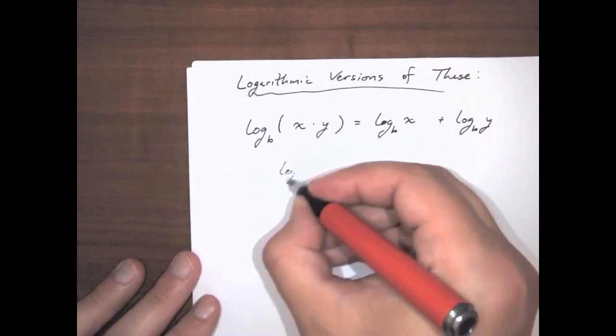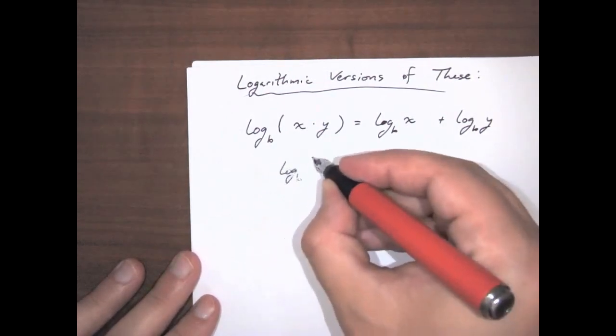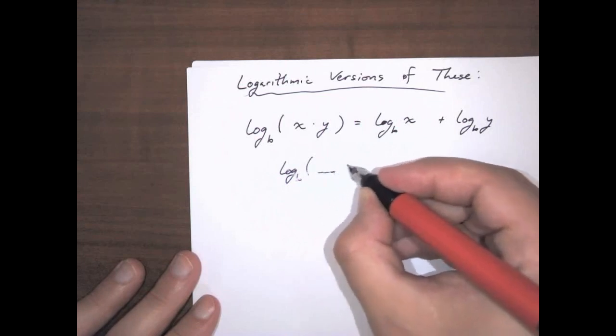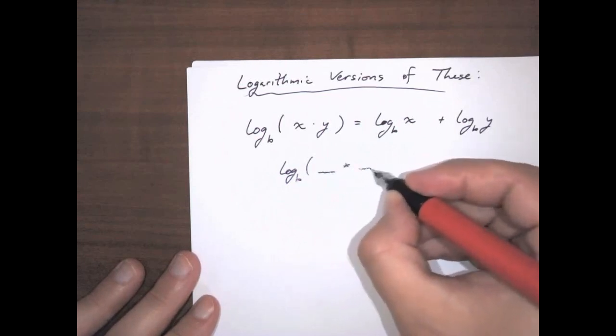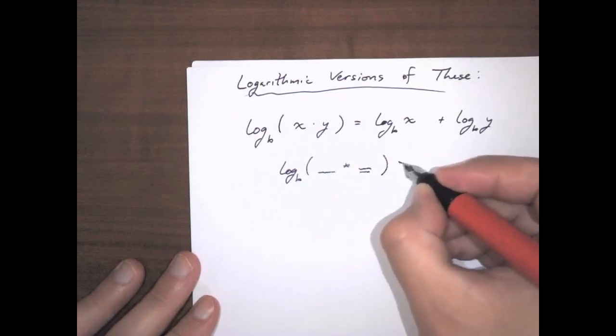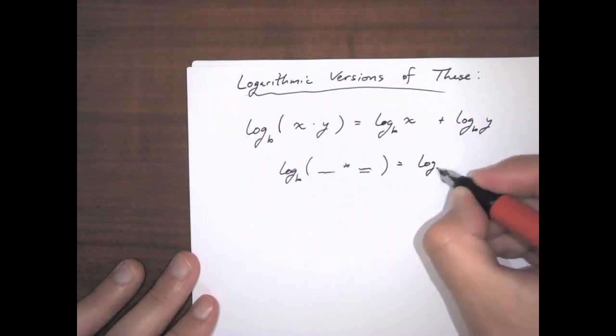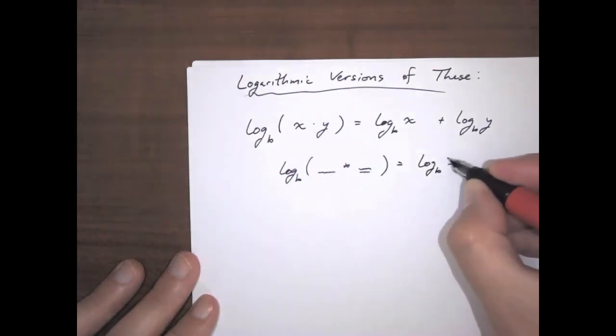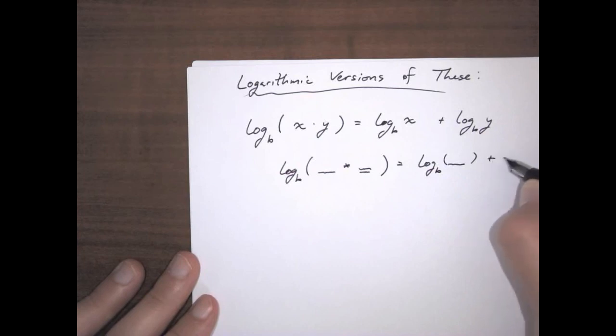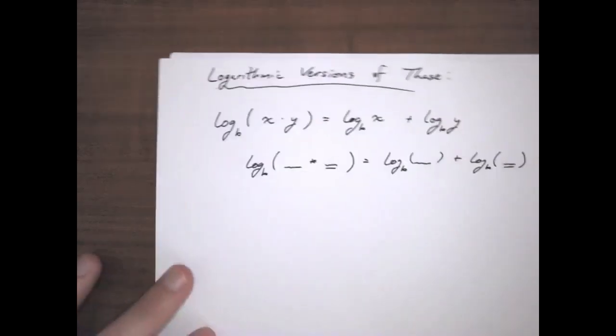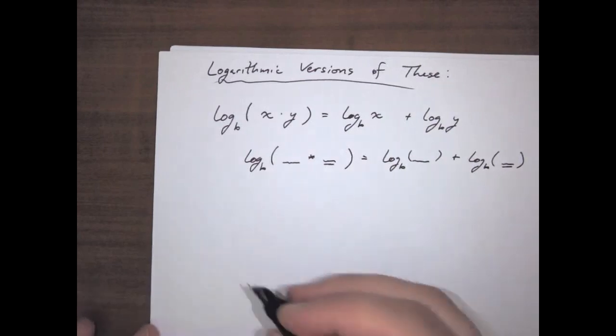So, in other words, log base b of something times something else is equal to log base b of the first thing plus log base b of the second thing. Okay.